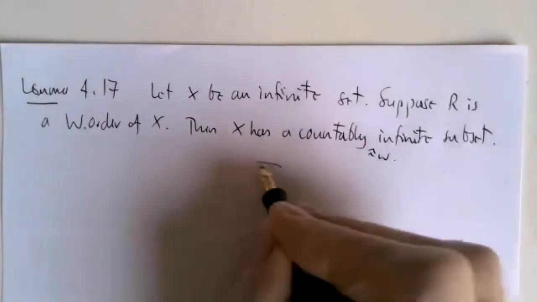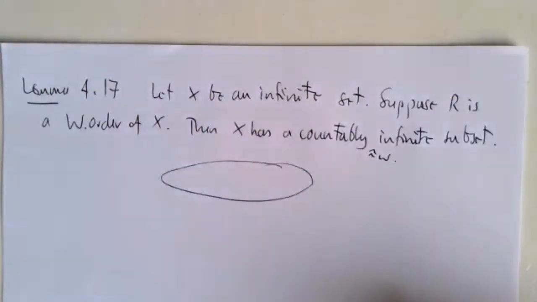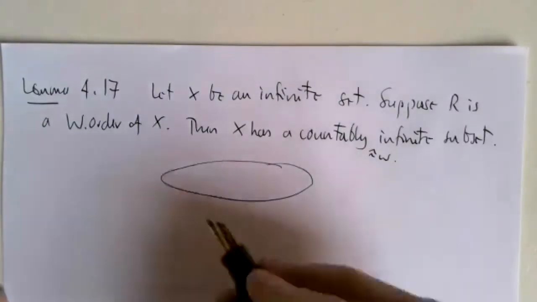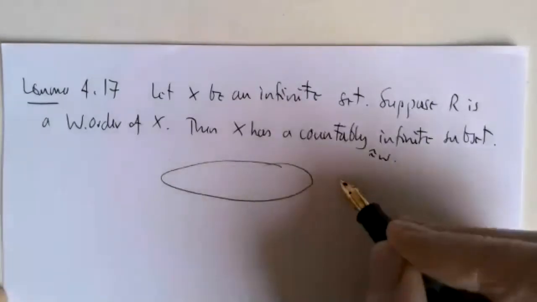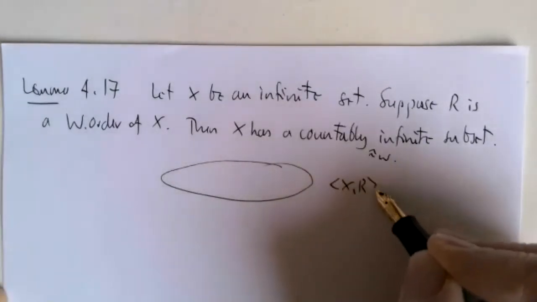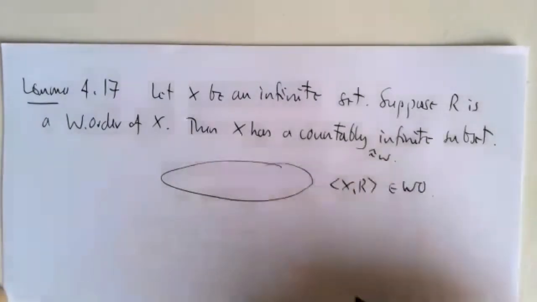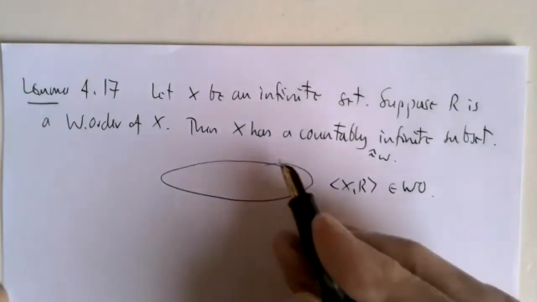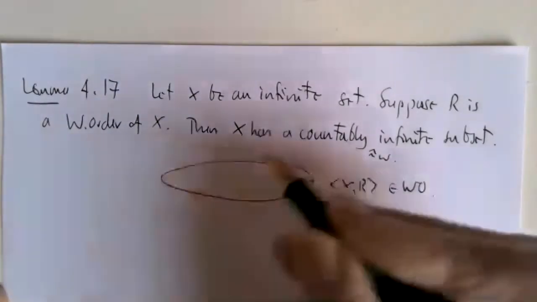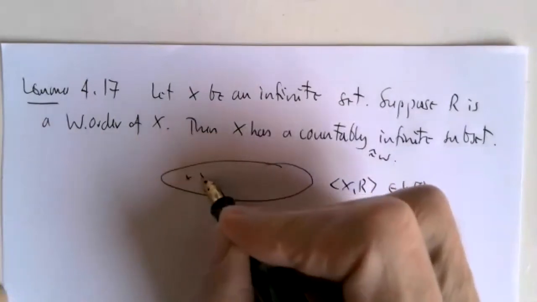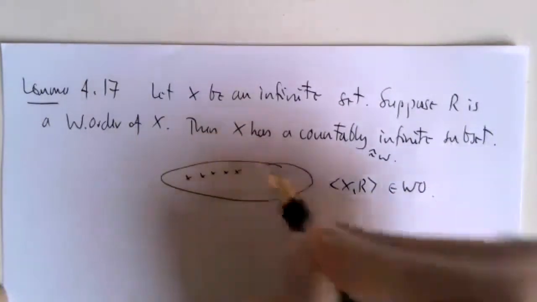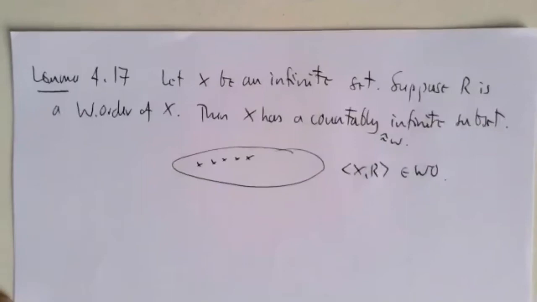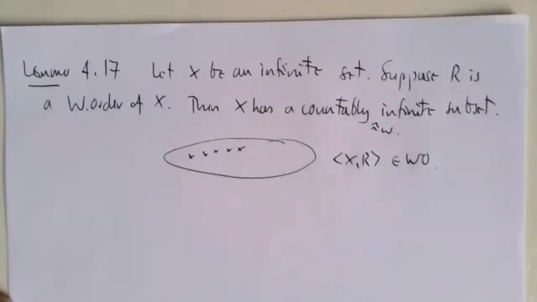So the picture is, here's X as this kind of amorphous group of things. And the only other thing I know about it is that I've got this well order R on it. So countably infinite subset: well, we just pick out a countably infinite subset, which is clearly bijective then with omega.